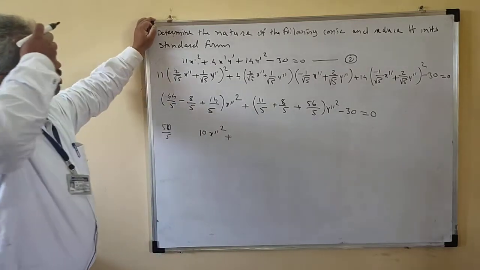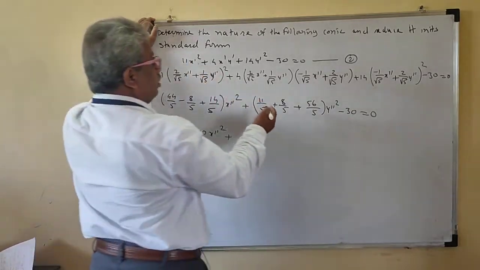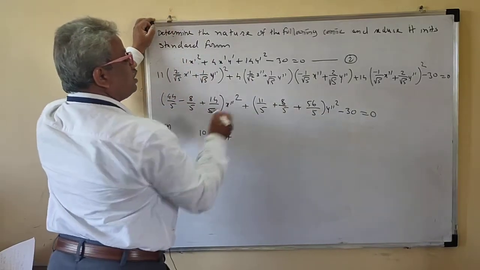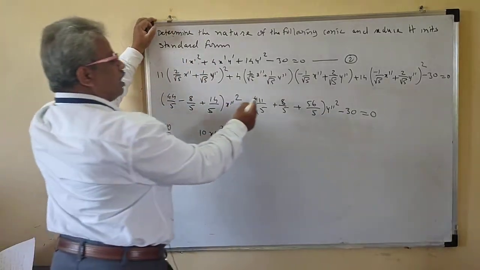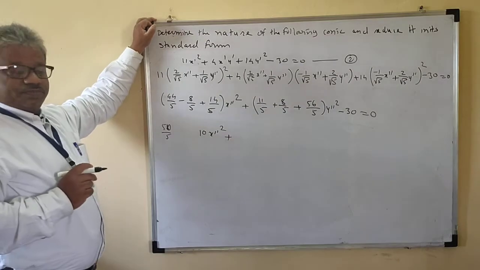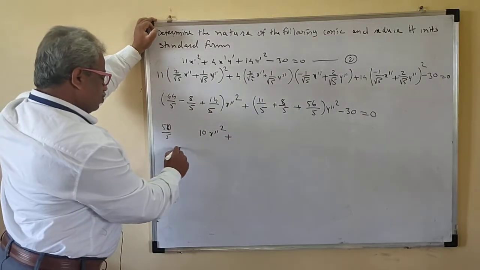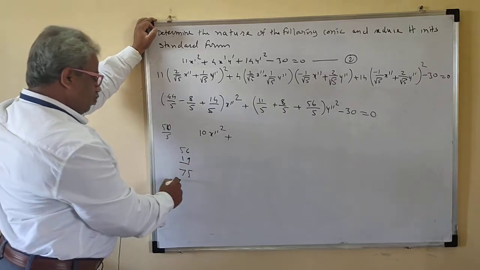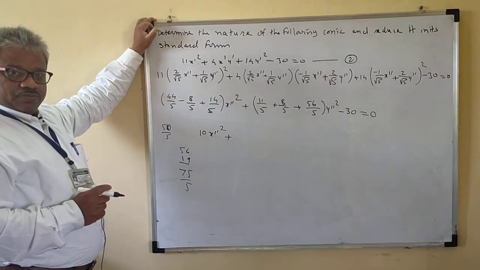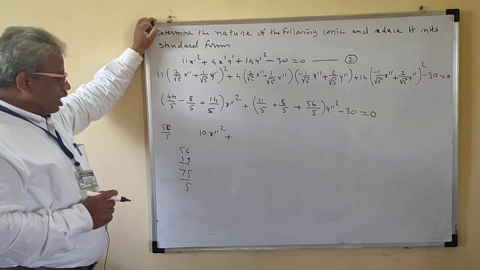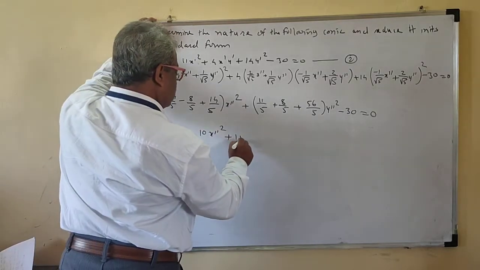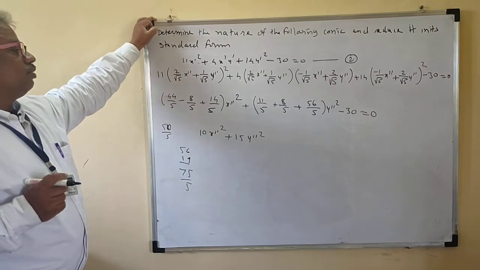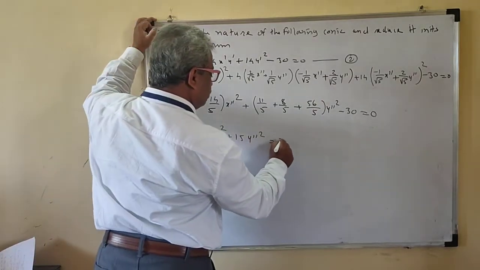Plus, now here we'll take this is 19, 19 plus 56, so 56 plus 19 is 75 upon 5, that is 15. So this is 15y double prime square is equal to 30 now.